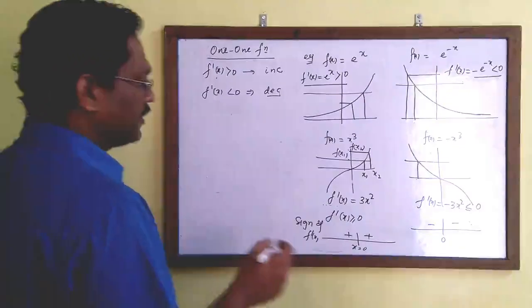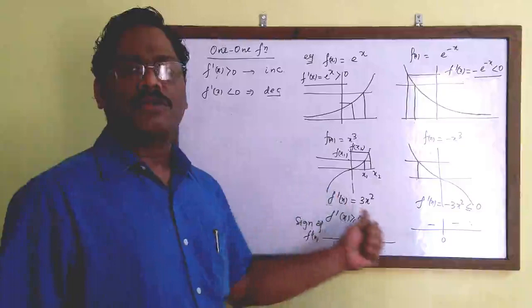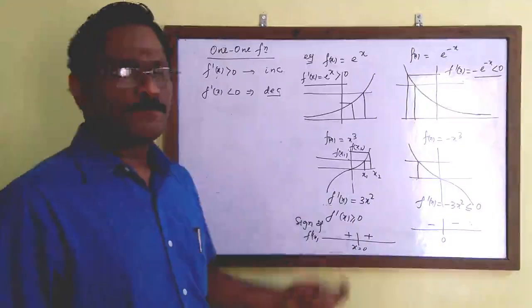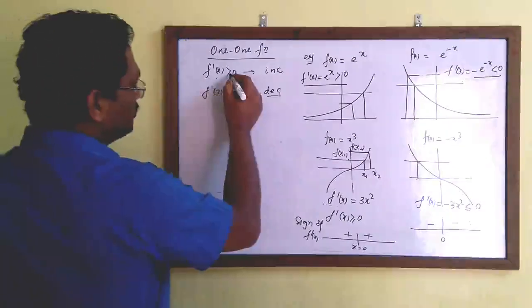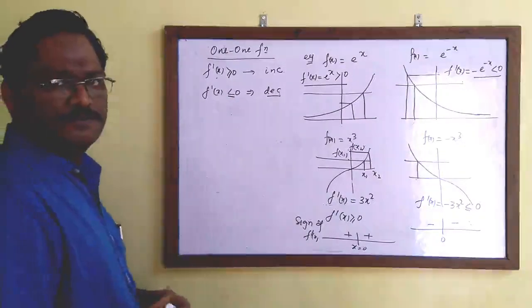So what is the true criteria for a function to be increasing or decreasing, that is, a 1-1 function? I'll say this is greater than or equal to 0, this is less than or equal to 0.